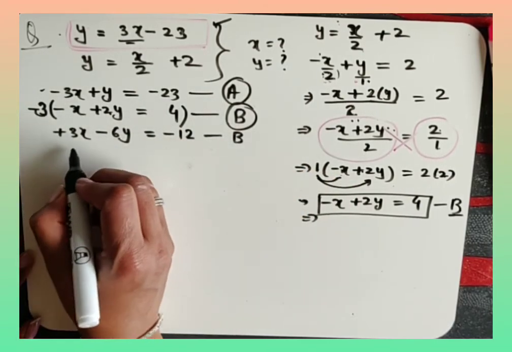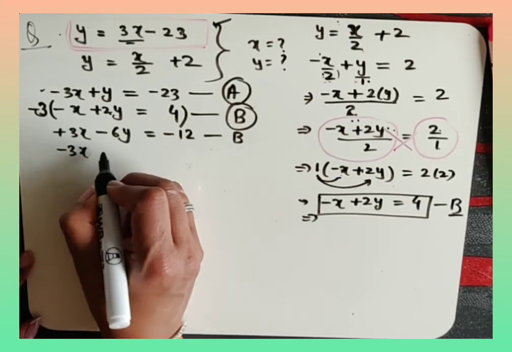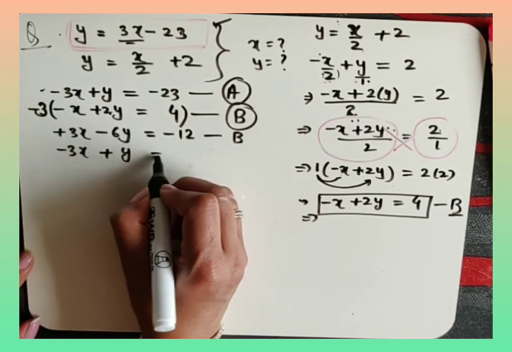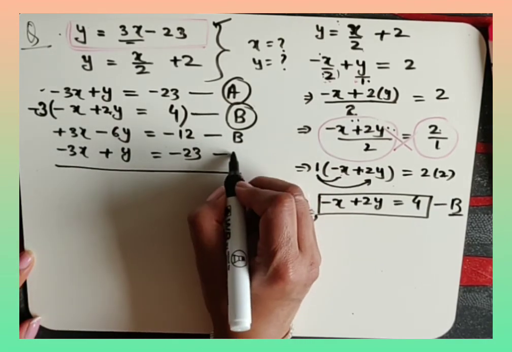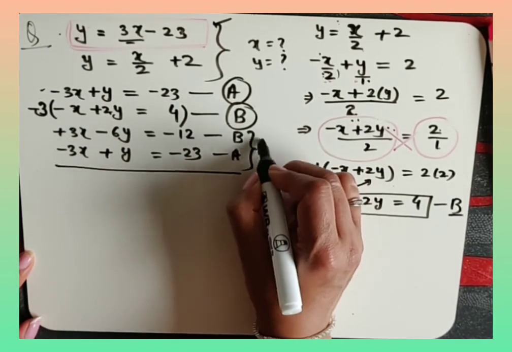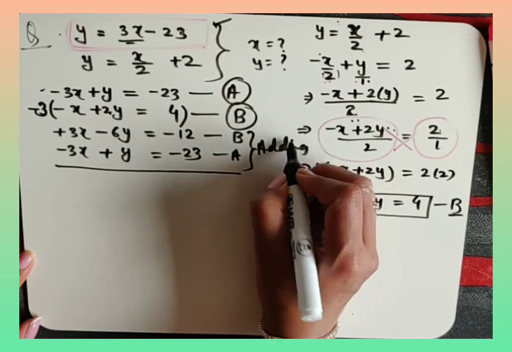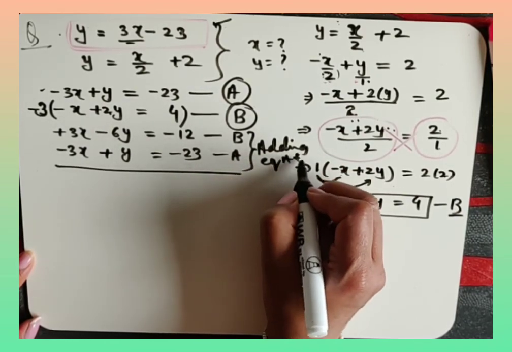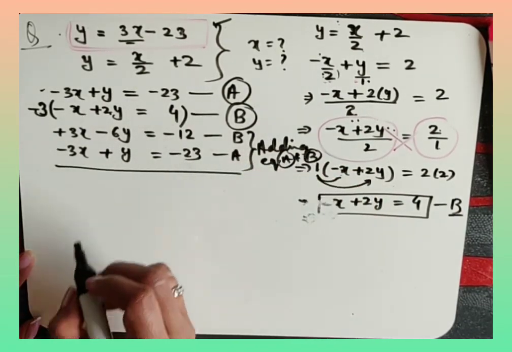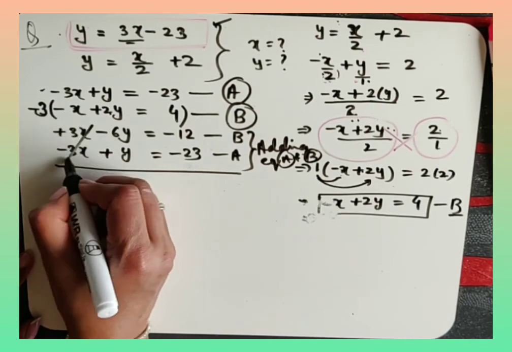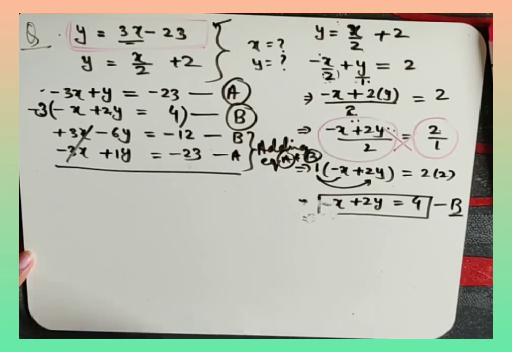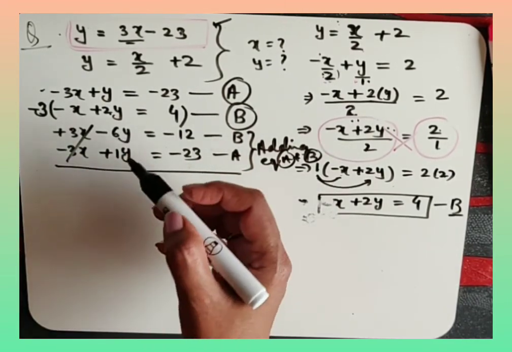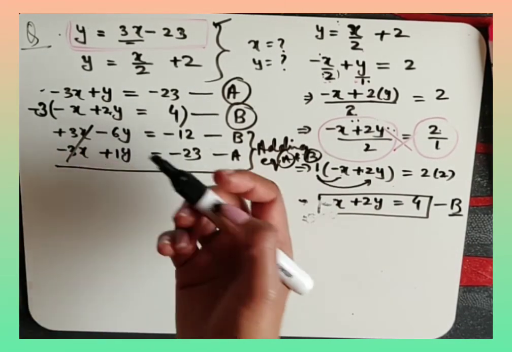Now write down equation A here: minus 3x plus y equal to minus 23. Now this is your equation A. Here write down, adding equation A and B. Now minus 3x plus 3x cancel. Now plus 6y and minus 6y and plus 1y. As you can see, two signs are there, we need to subtract.